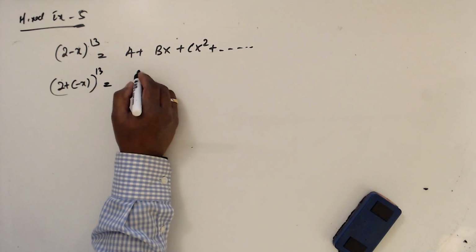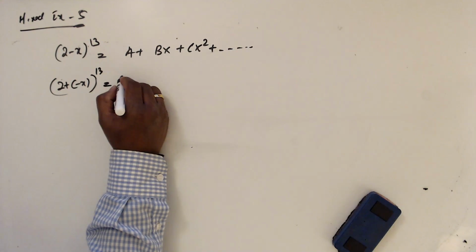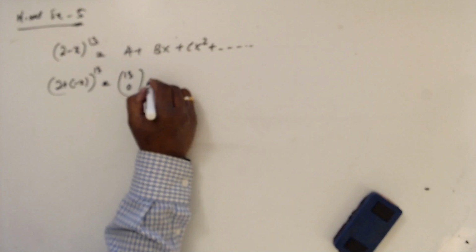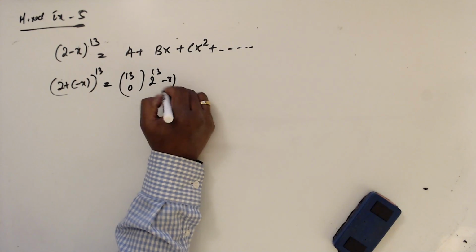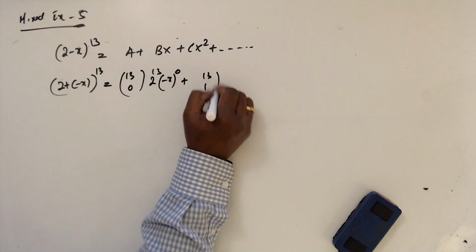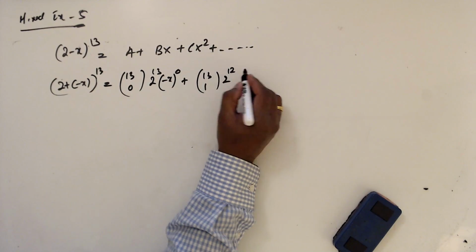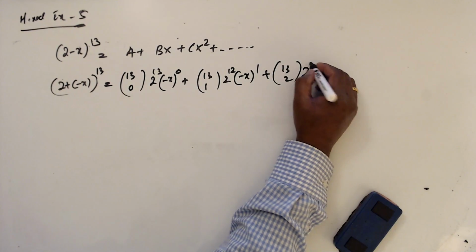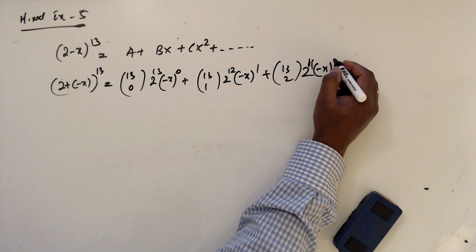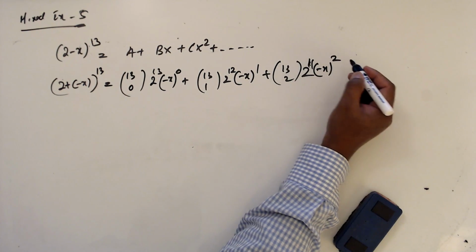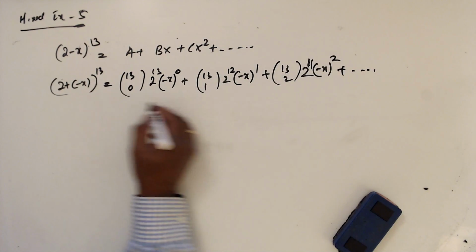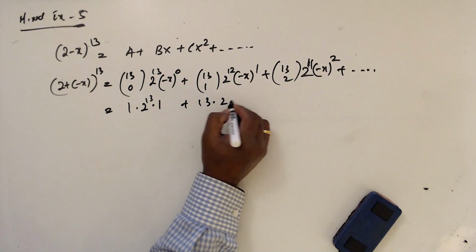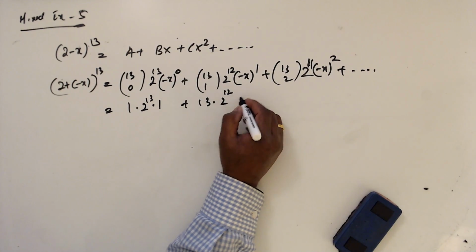So 13c0 2^13 (minus x)^0, 13c1 2^12 (minus x)^1, and 13c2 2^11 (minus x)^2 plus dot dot. So this is 1 times 2^13, plus 13 times 2^12 times minus x.